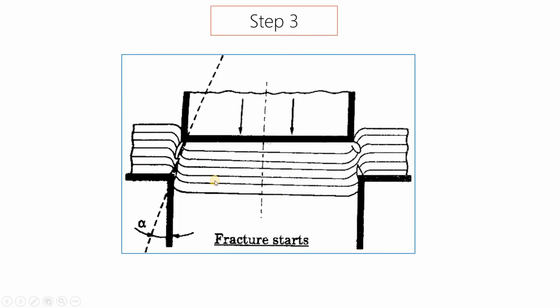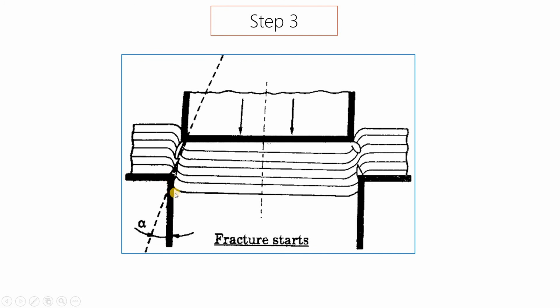Here, if we continue to apply pressure beyond the elastic limit, then at the portion where we have added the clearance, the sheet metal will start to fracture.